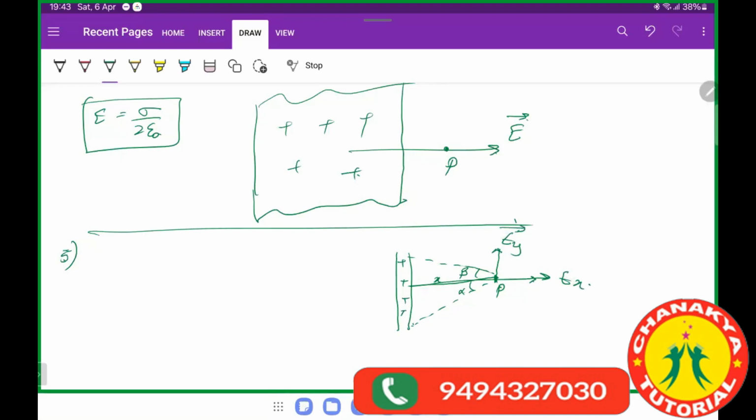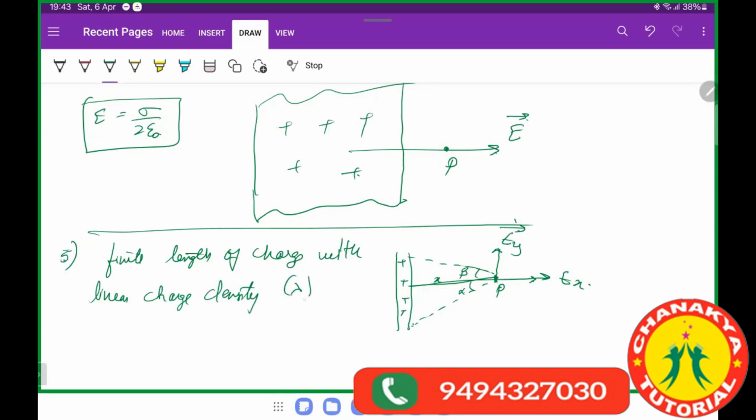So let's give a heading: finite length of charge with linear charge density lambda.